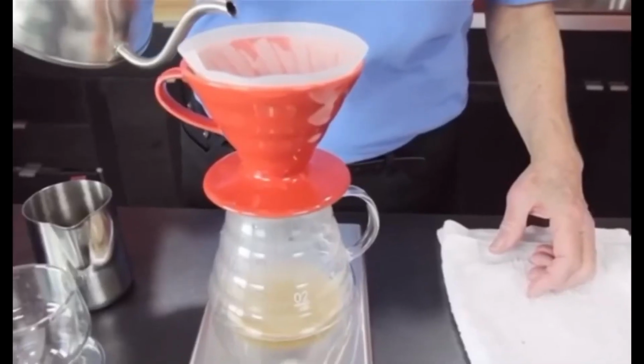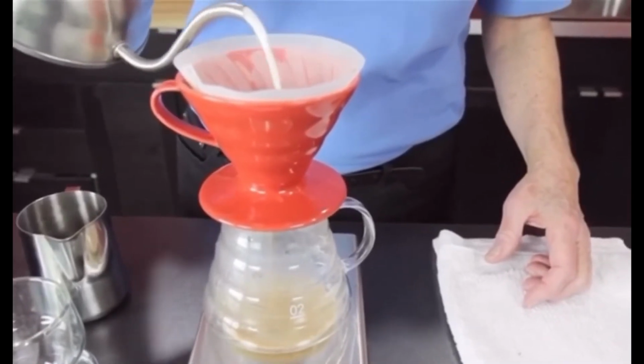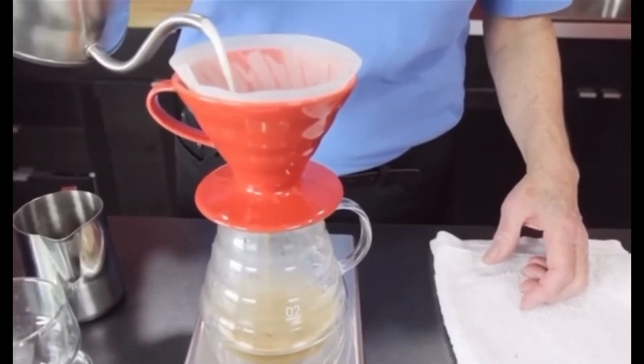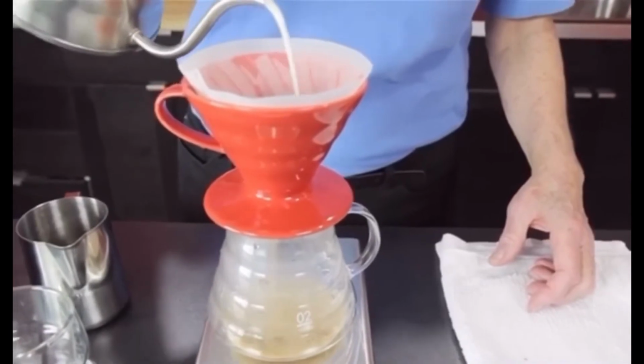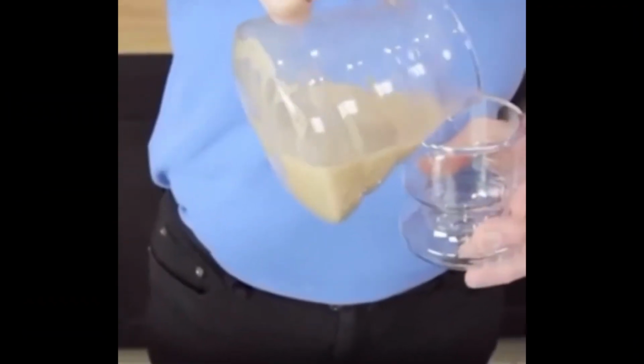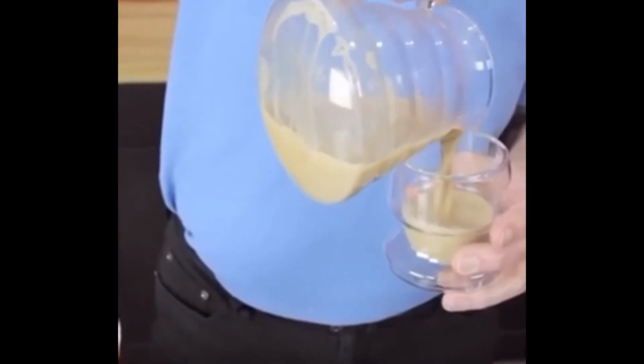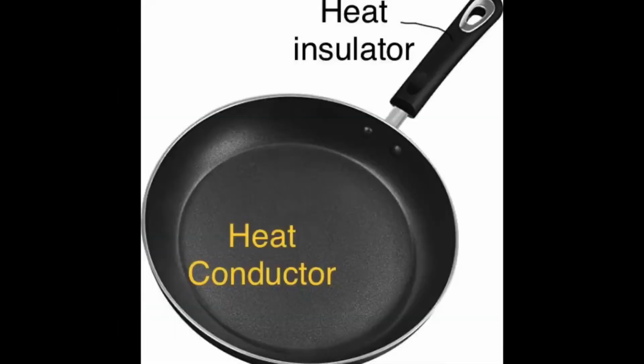Milk dissolved in coffee, milk is still milk, coffee is still coffee, but they are physically combined. Plastic is a good heat insulator and metal is a good heat conductor.